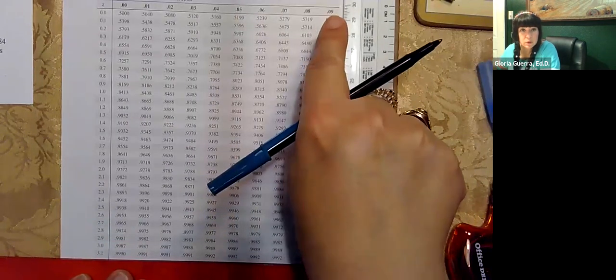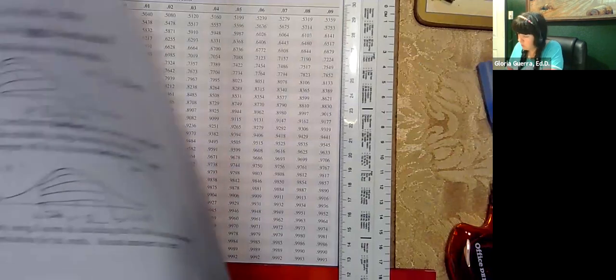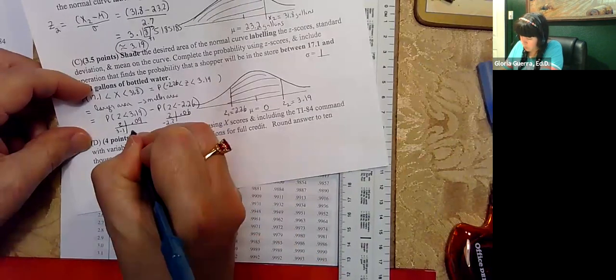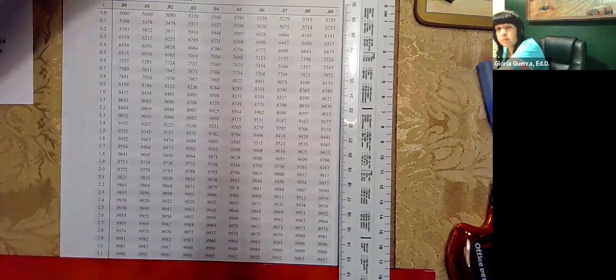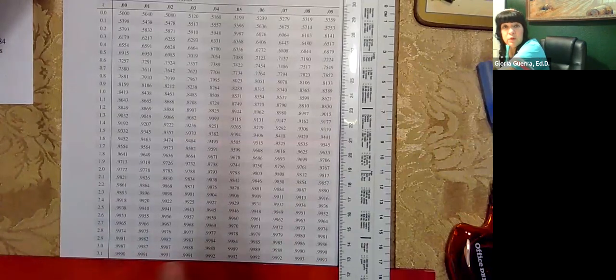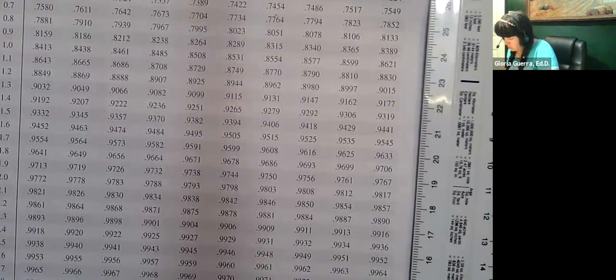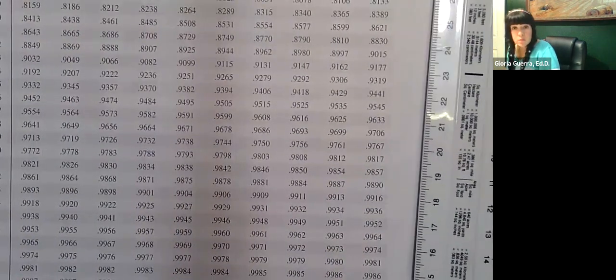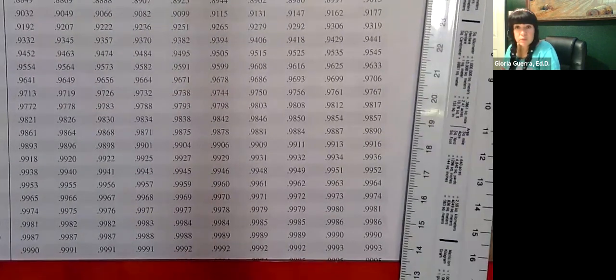And then 3.1. See that number right there? 0.9993, right? Can you see that? So 3.1 and then 0.09. That's it. See?